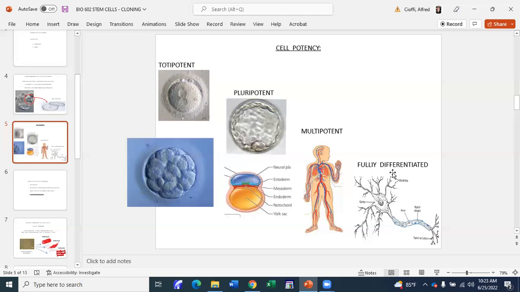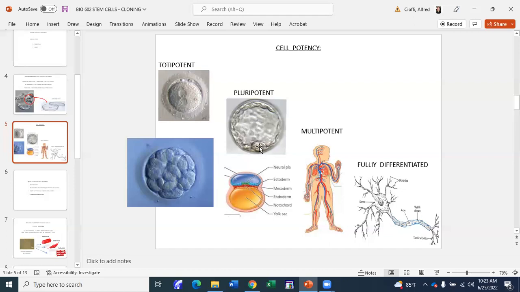Any question about that? Sorry, question, comment? I probably have gotten too much detail. Do people get it? But okay, so embryonic stem cells are considered pluripotent, okay? They're not totipotent, they're pluripotent because they come from the ICM.